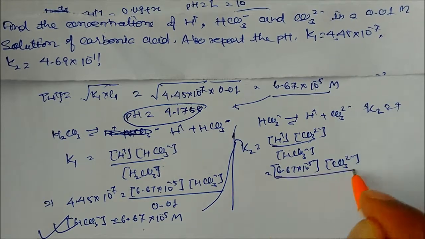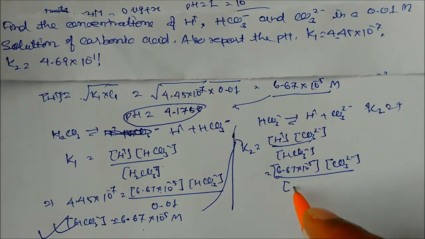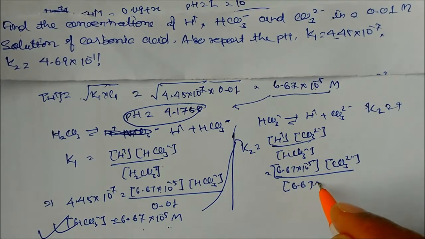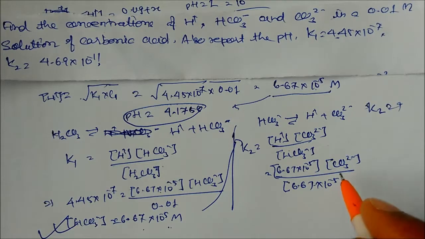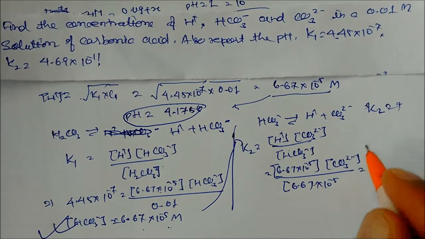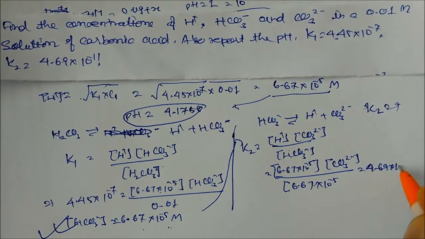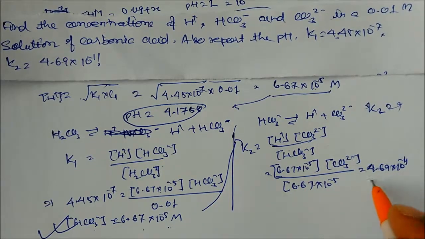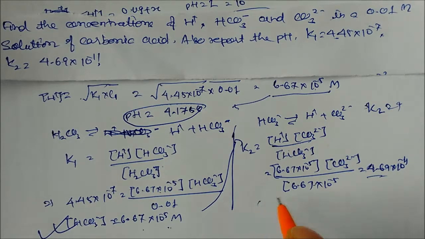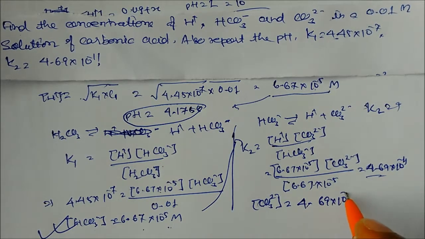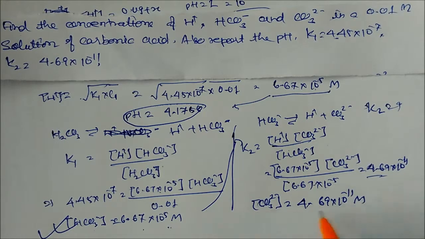The concentration of HCO3 minus is 6.67 into 10 power minus 5, which we have calculated already. K2 is already given here, 4.69 into 10 to the power minus 11. On solving, everything is given, so CO3 2 minus will be 4.69 into 10 to the power minus 11. So this is the concentration of CO3 2 minus.